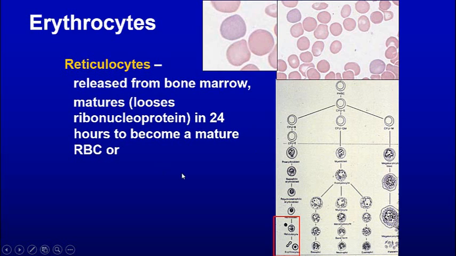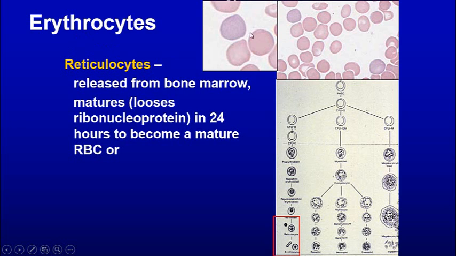Now, red blood cells come from reticulocytes. Reticulocyte is the precursor to the red blood cell, and it is what is released from the bone marrow. And within 24 hours, it becomes an erythrocyte. The difference is the reticulocyte is blue.